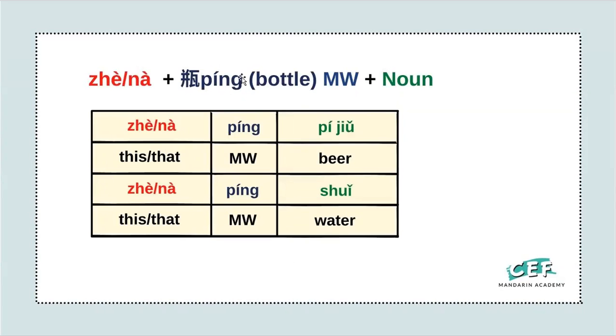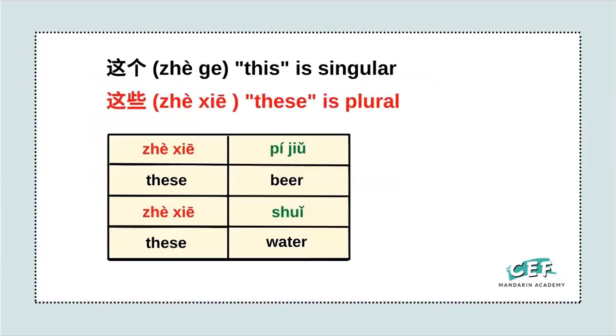So 这 and 那 plus the measure word plus the noun. So 这瓶啤酒，那瓶啤酒，这瓶水，那瓶水. All of this is singular. If I want to say the plural, how to say?